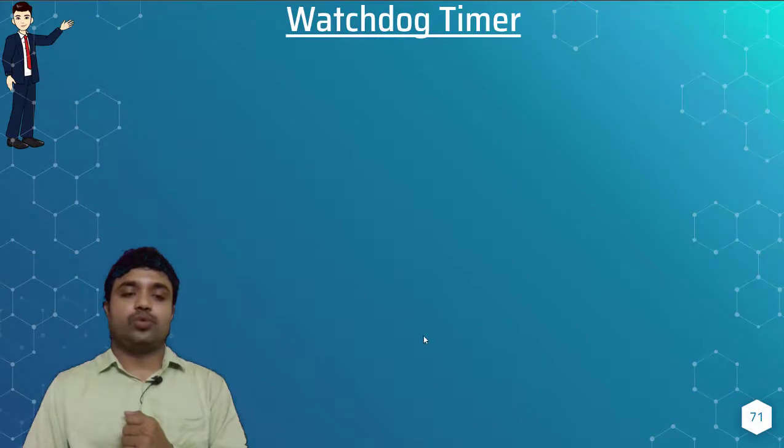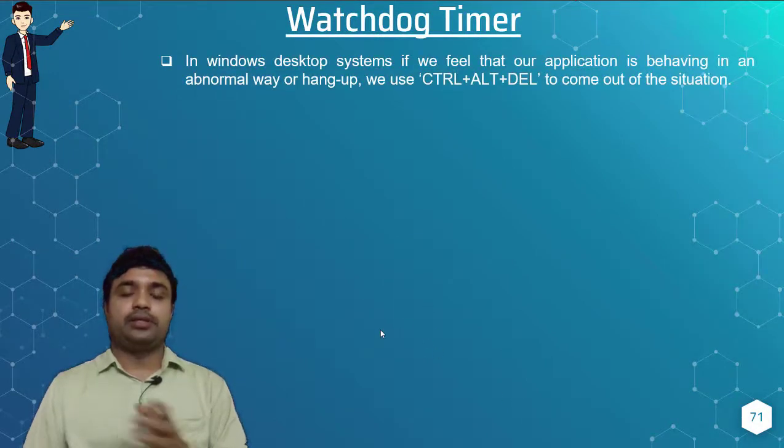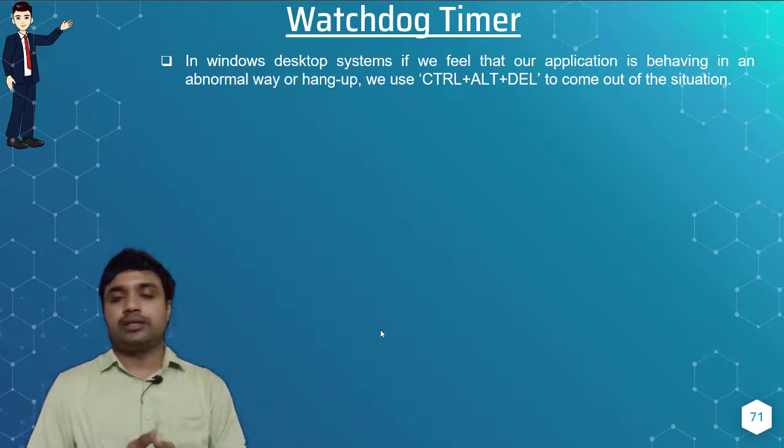So the next one is the watchdog timer. So what is a watchdog timer? A normal system, like a normal laptop or computer, has a feature for overcoming the situation of any unknown condition raised by some application.